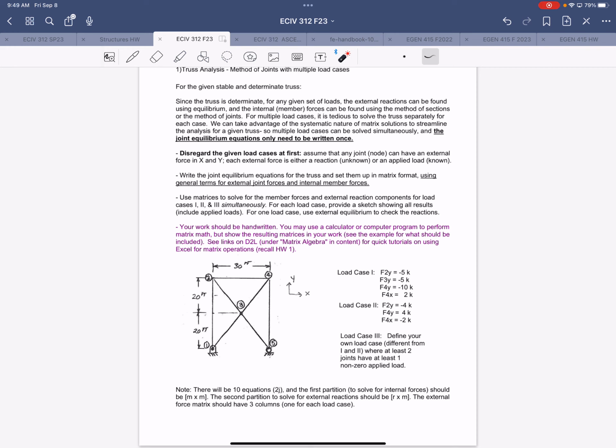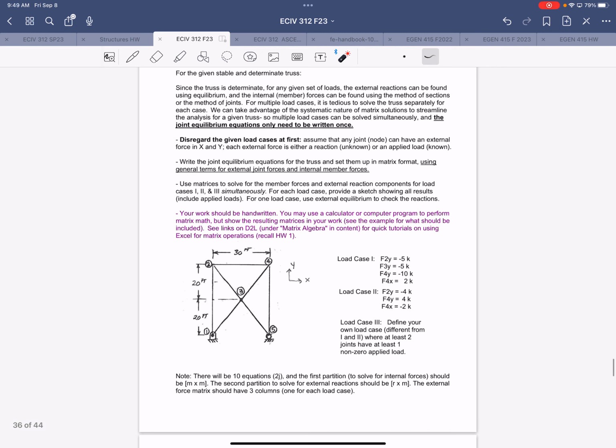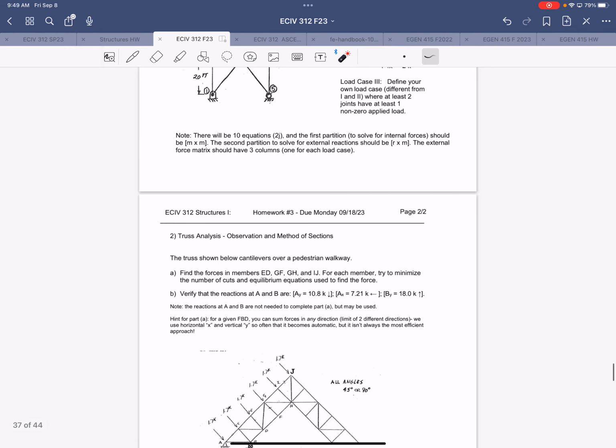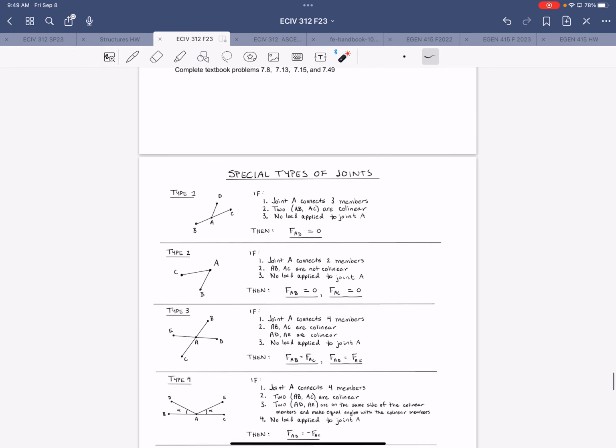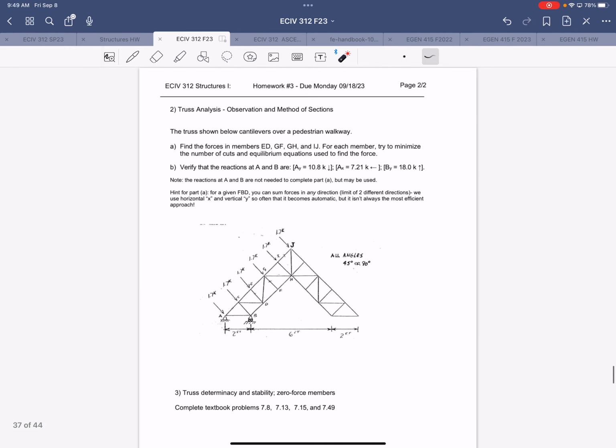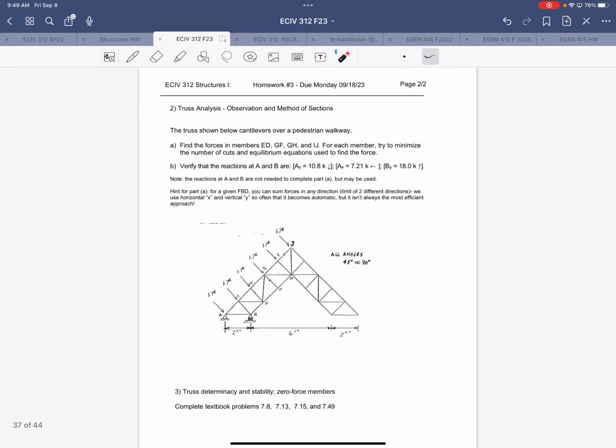There are just a couple of requirements: you have to have at least 2 different joints with at least 1 non-zero applied load on it. So that's an opportunity to play around, explore, and see how this truss will respond to a given load case. The rest of the assignment is stuff that we'll really talk about next week.